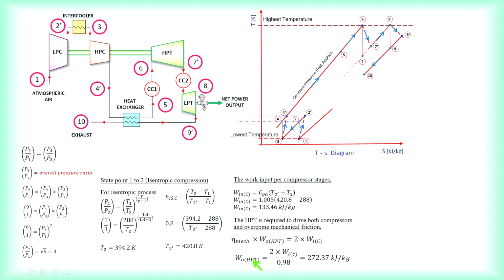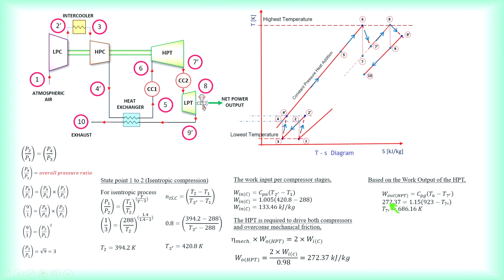The work output of the high pressure turbine can be found by using this method. Why do we find the work output of the high pressure turbine first? Because we can make use of this to find the temperature T7 prime. Remember these are the step-by-step methods that I've shown you, so I hope it is helpful.